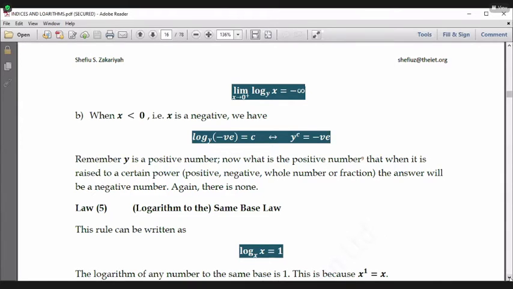Logarithm to the same base, we are saying log to base x of x is 1, because any quantity raised power 1 is the very quantity. So when I look at that theory from indices.